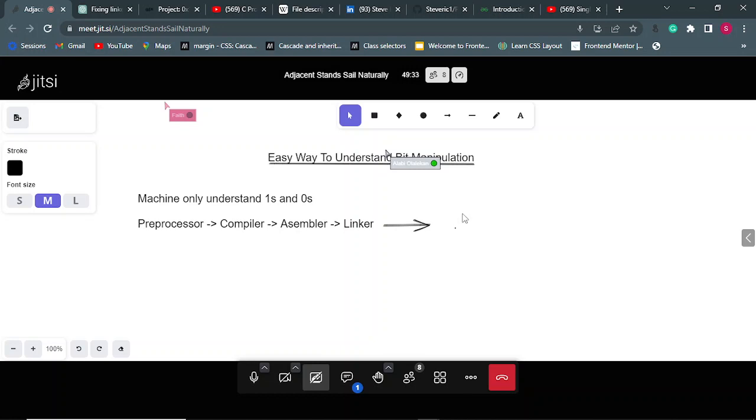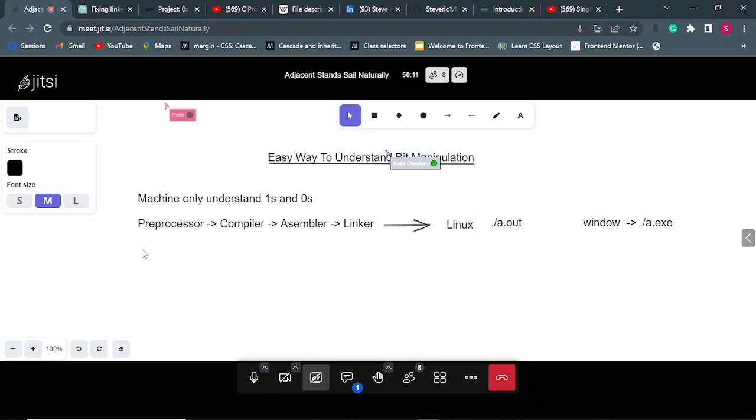On Linux it is a.out, and on Windows it is a.exe.